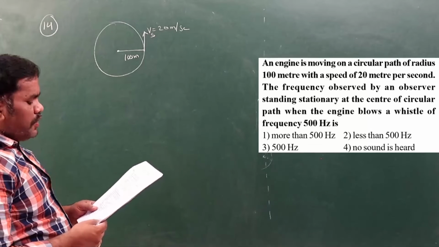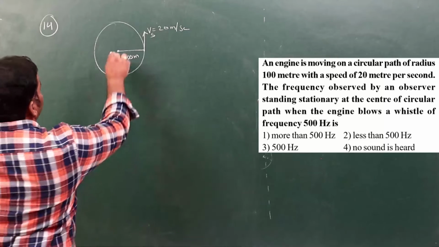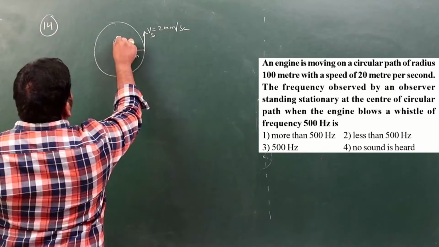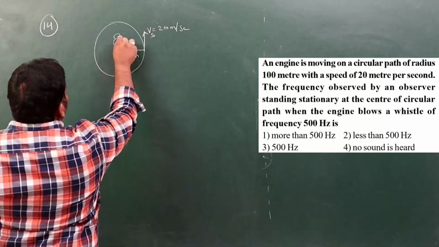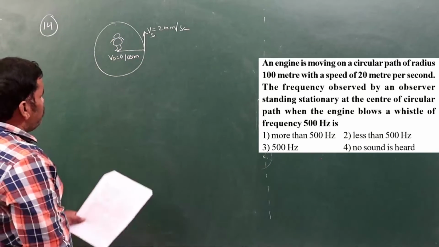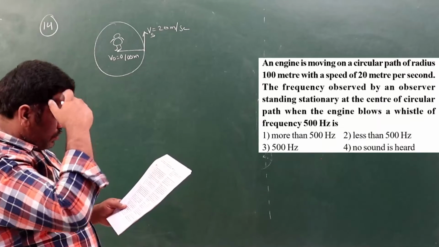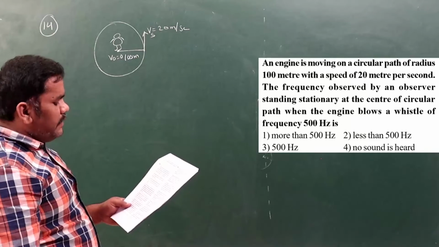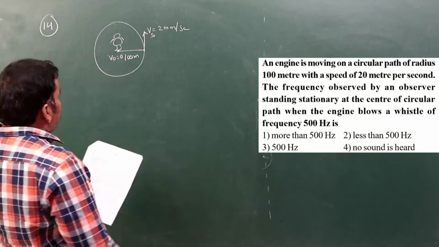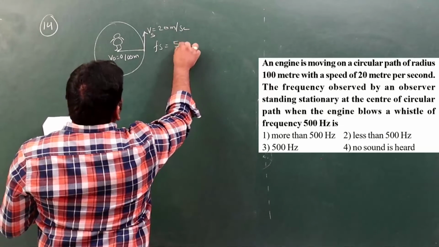The frequency observed by an observer standing stationary at the center of the circular path. A man is standing here, his velocity is 0, when the engine blows a whistle of frequency Fs equal to 500 Hz.